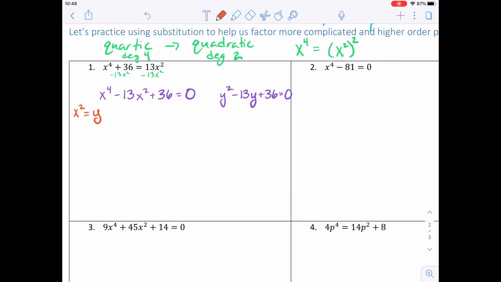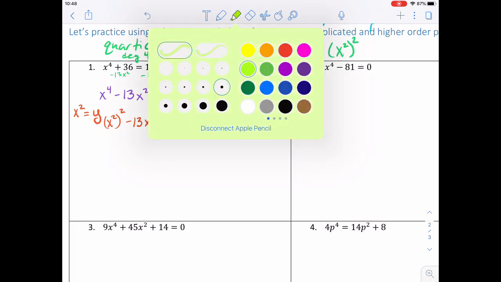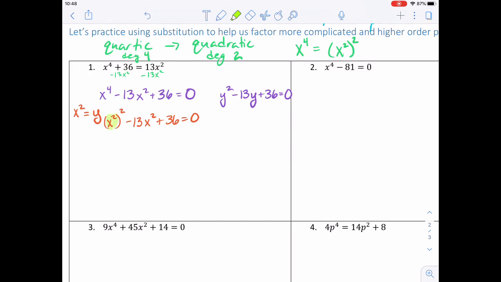I'm going to rewrite this as x squared squared minus 13x squared plus 36 equals 0. Then I'm going to replace all of my x squareds with y, and I get y squared minus 13y plus 36 equals 0. So I get exactly what I was talking about before.